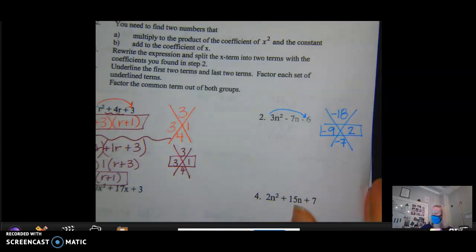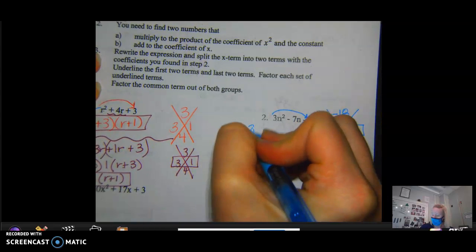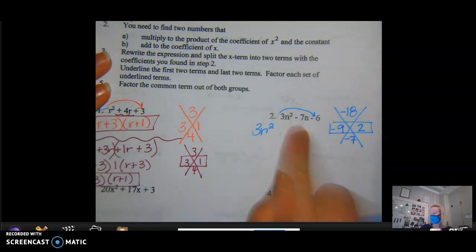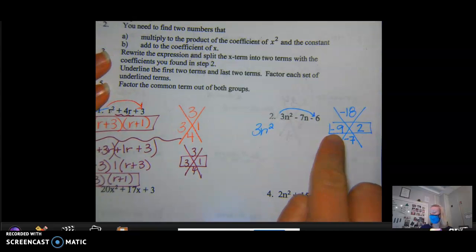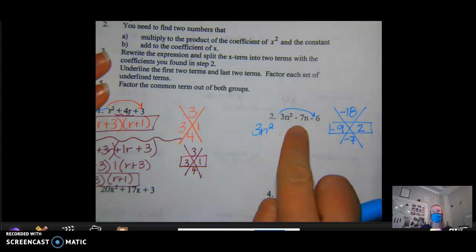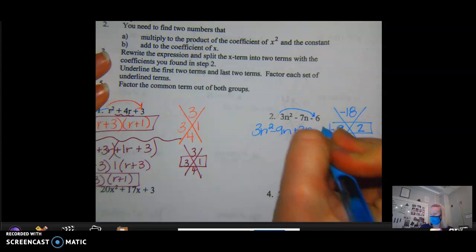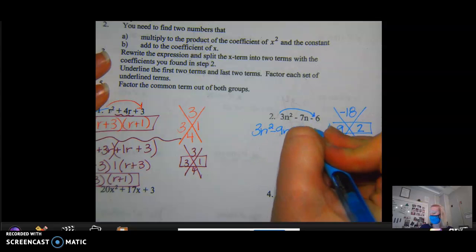I kept it. First number I keep. 3n squared, I keep. The middle term, do I keep or split? That's the one I split. I split it into this, because isn't negative 9 plus 2 give me that negative 7? All right, so we have negative 9n plus 2n, and then I'm going to keep my last term, negative 6, and bring it down.